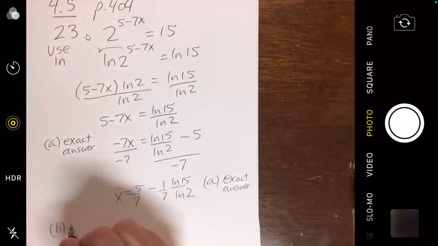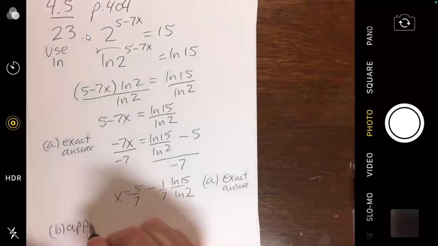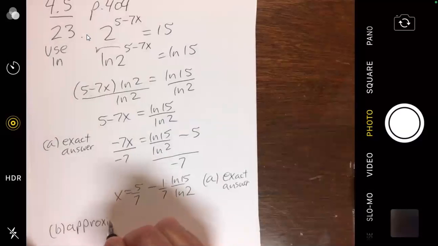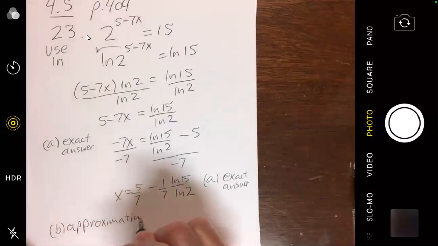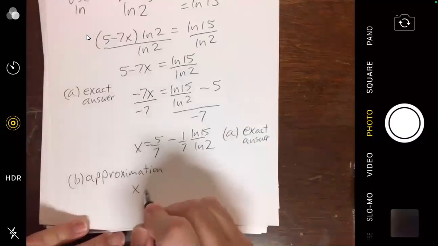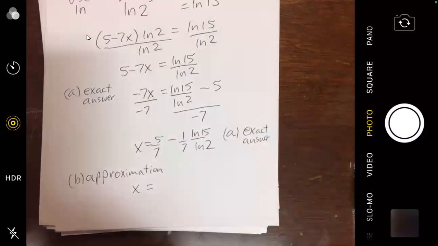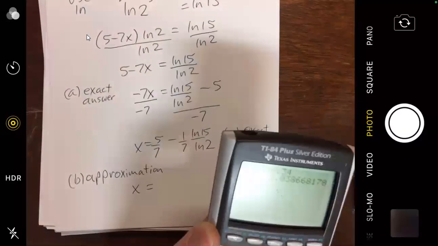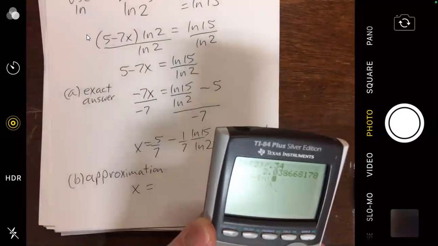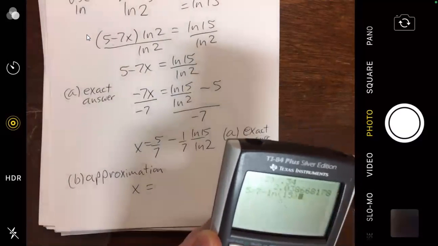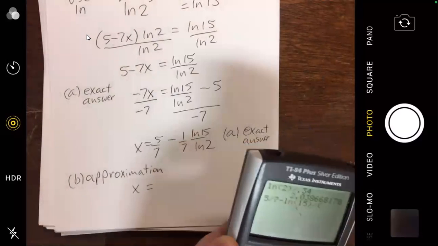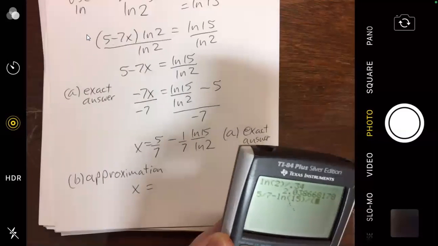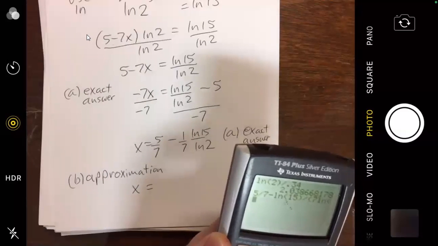And B, they want it approximated. They want it to 6 places. Can you believe that? 6 places, a little anal. So I'll try to punch it in here, pretty much like it's written. 5 divided by 7, minus ln 15 divided by, then a big parentheses, 7 ln of 2.